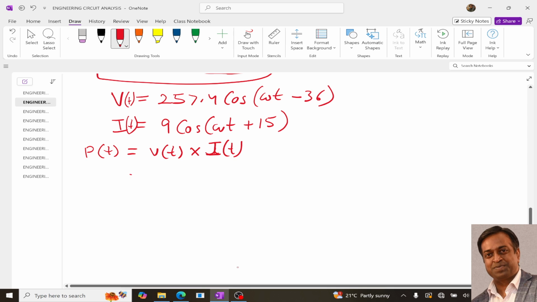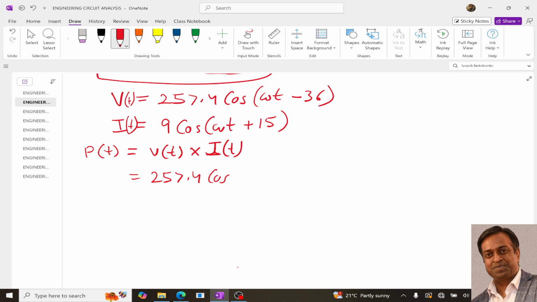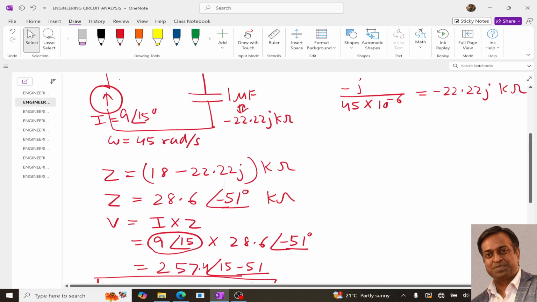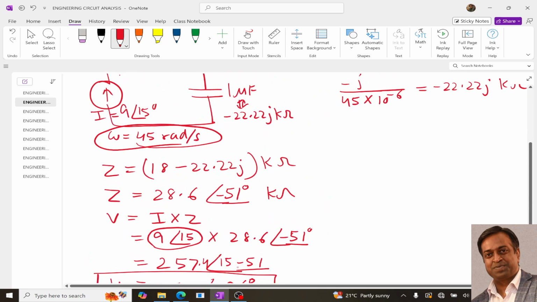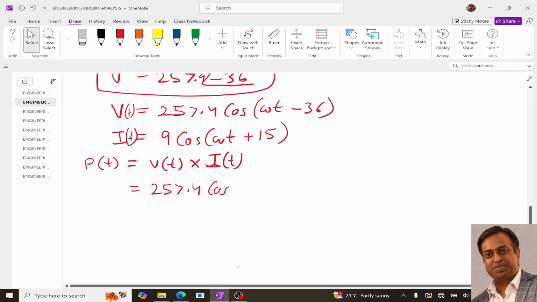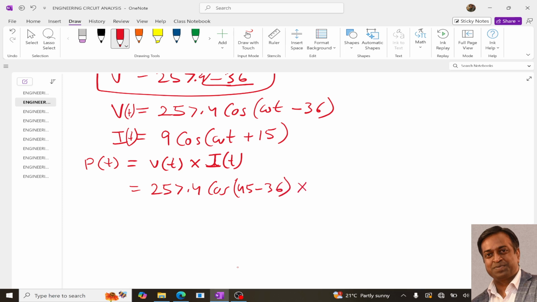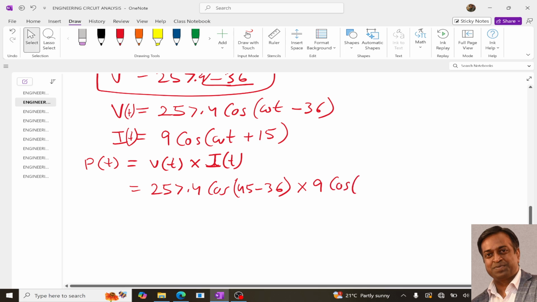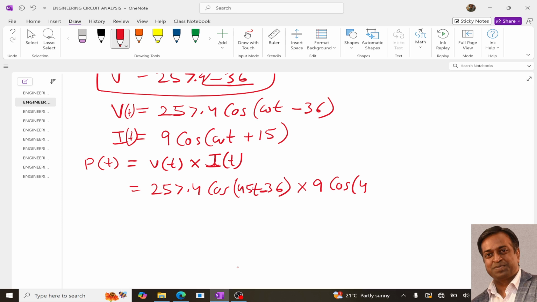Substituting these values, we get 257.4 cos omega t minus 36, where omega is 45, times 9 cos 45t plus 15.